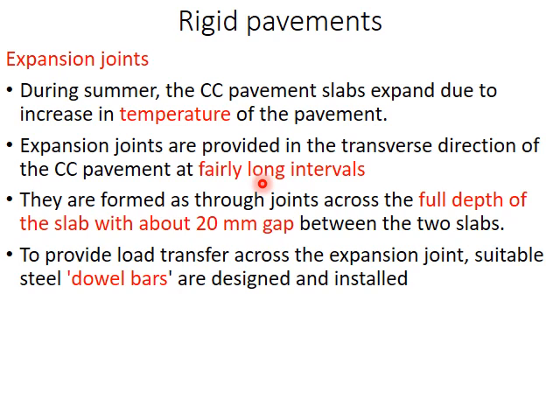After several contraction joints, we provide one expansion joint. They are provided at full depth of the slab with a 20 mm gap between the slabs. Also, dowel bars are designed and provided in the expansion joints. This you can see in the figure which was shown a few slides before.